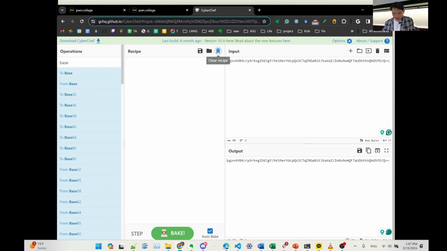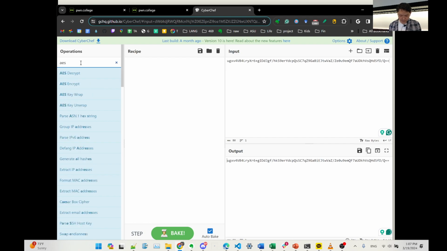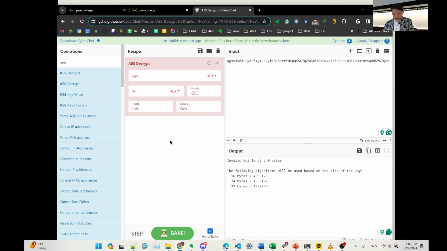Here, there is AES Decrypt. Okay, so we can input the ciphertext, right? Input the key value here, and this is the initial vector.